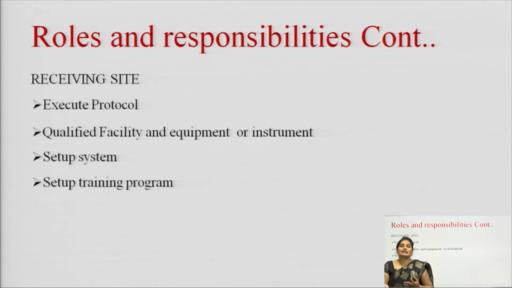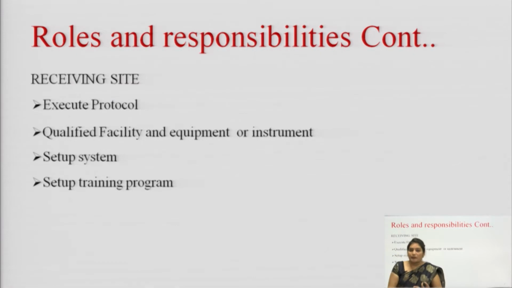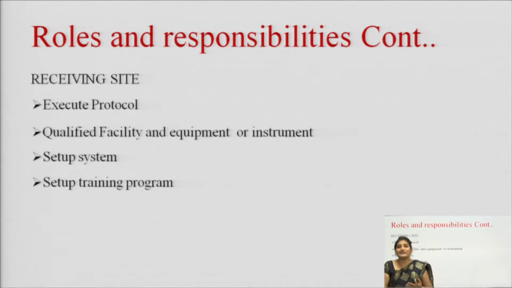It is also the responsibility of the receiving unit to check the capabilities, whether the facilities related to the equipments, or the proper instruments, are available in its unit or not.